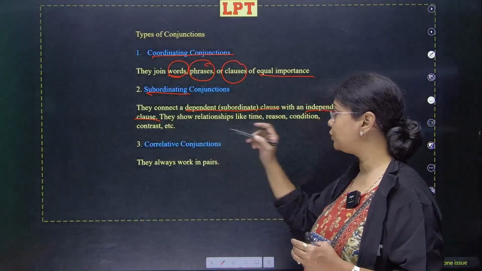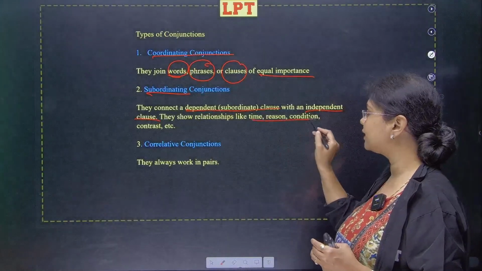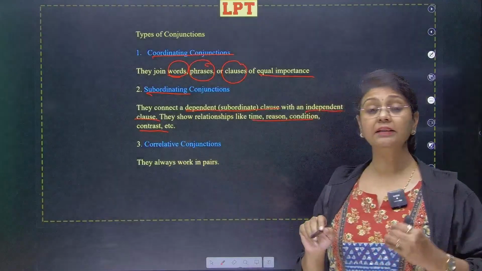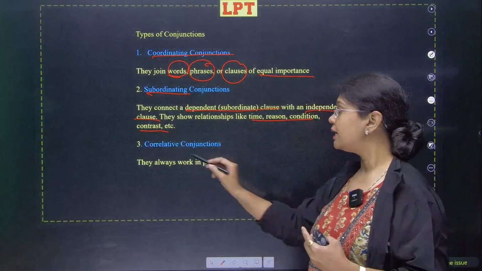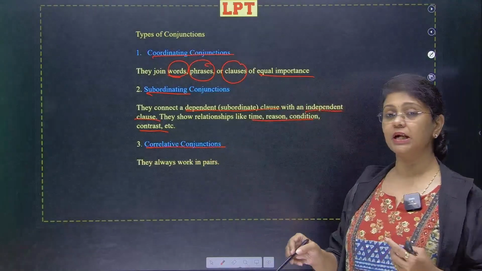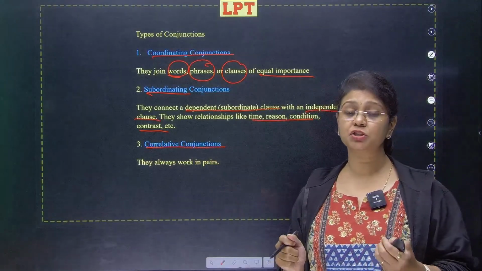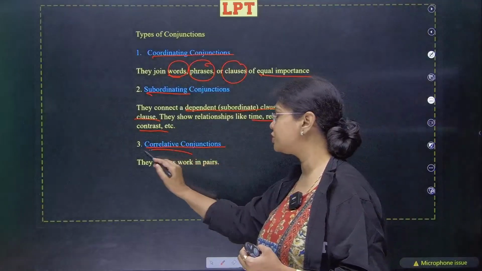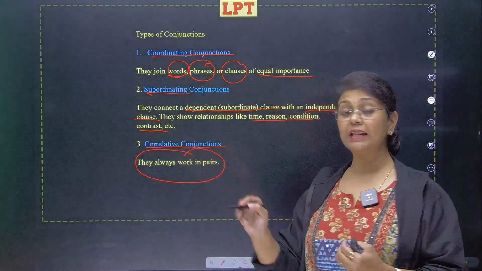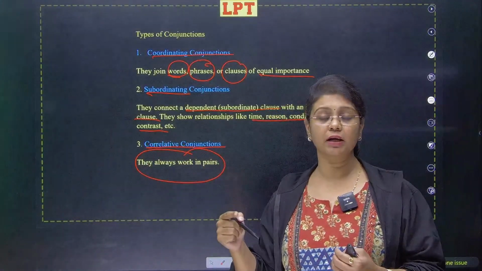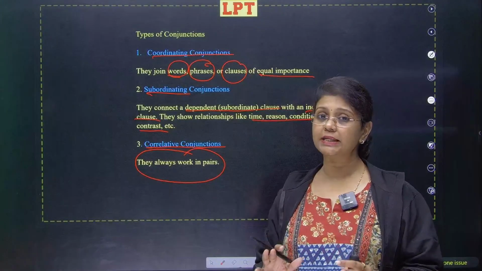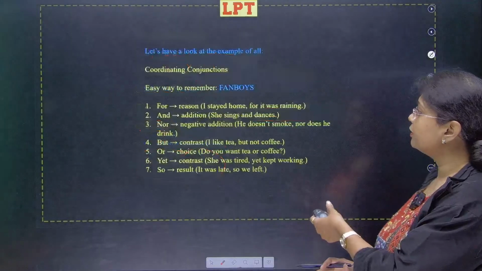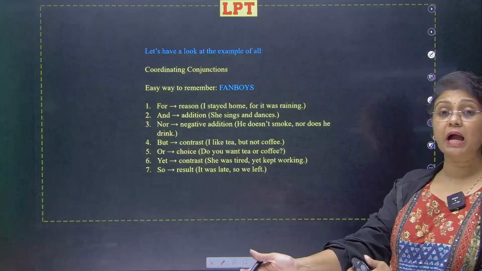They show relationships like time, reason, condition or contrast. And the last and frequently used category of conjunction is known as correlative conjunctions. These are easiest to understand because they always work in pairs. I will be telling you what these correlative conjunctions are, and I am sure you will be able to recall it in a very easy manner. Now let's have a look at the examples of these.